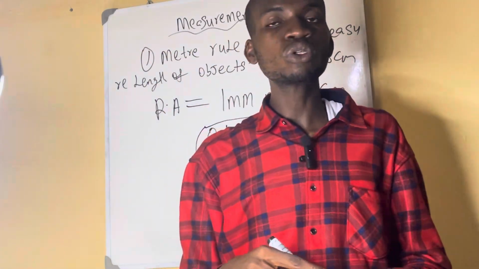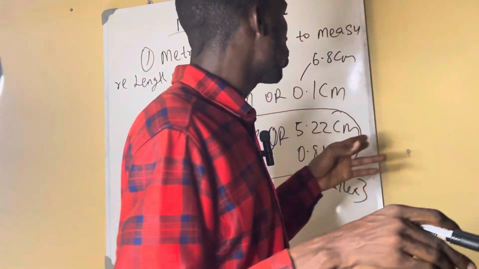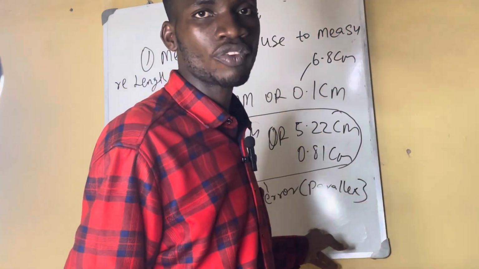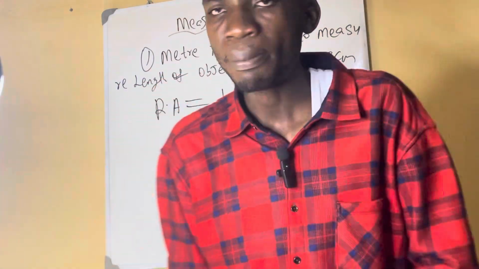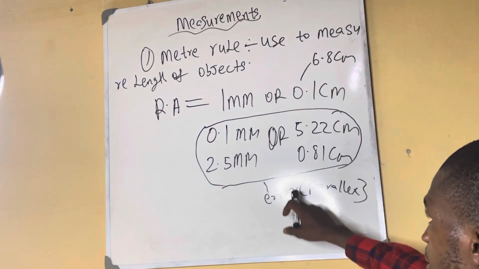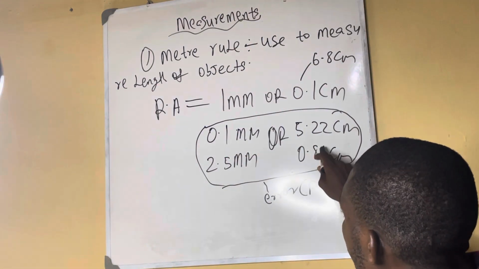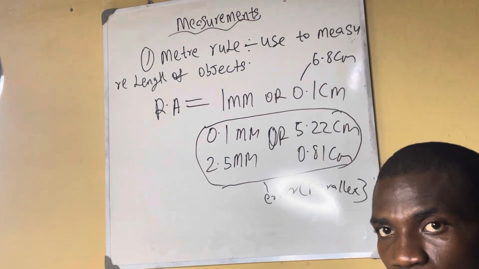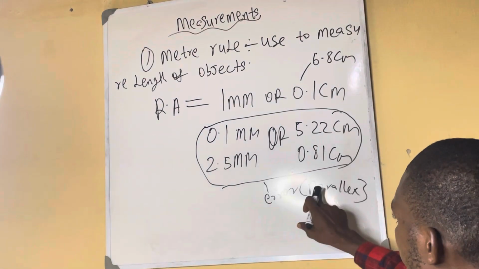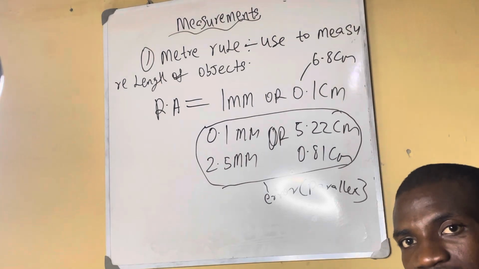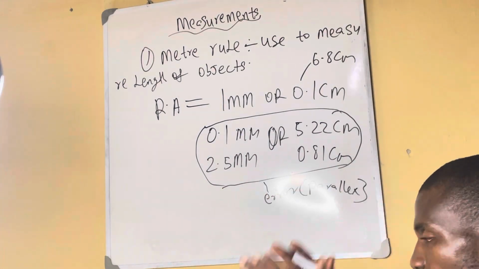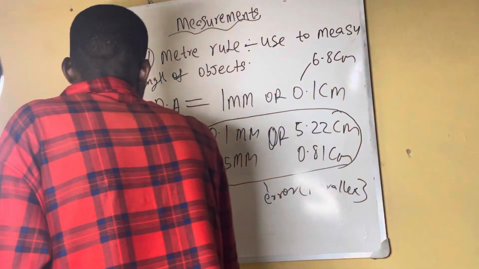Take note. Errors that occur in the meter rule are called parallax error. Do you understand? So this error simply means that the estimate is this and you are getting this, which is out of estimation. So the error is called parallax error, and you can avoid it by looking vertically downward.